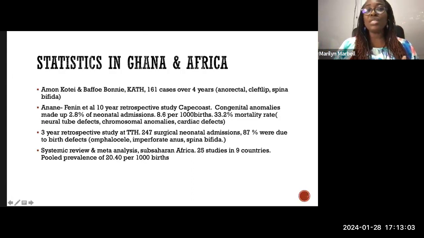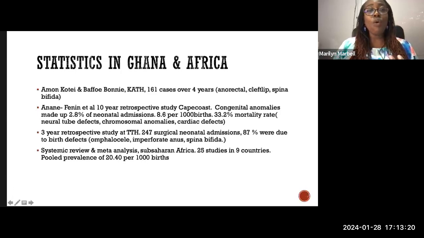And they saw that 2.8% of all the baby admissions were made up of birth defects. And they found a prevalence of 8.6 per 1,000 births. And their mortality rate was almost a third.